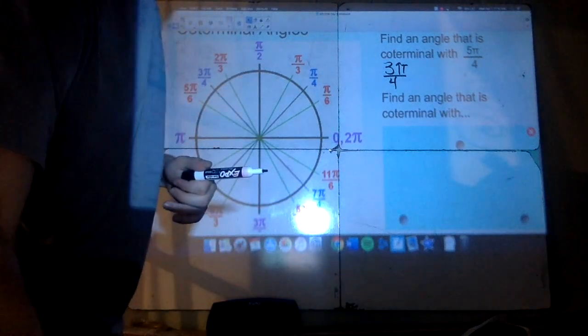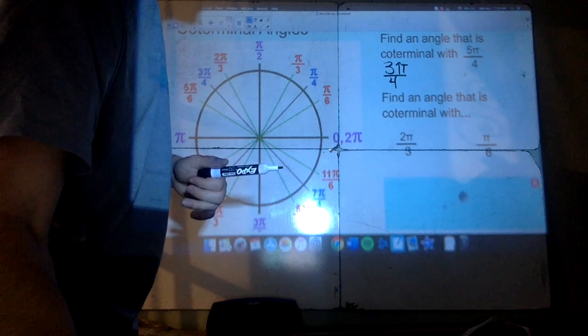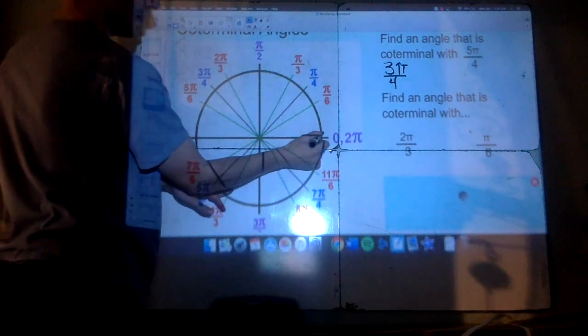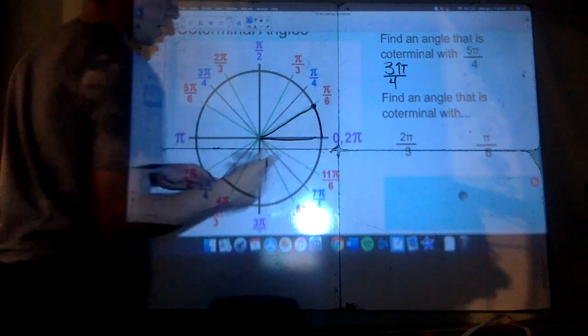Another example: let's do this pi over 6 one over here. What angle is coterminal with pi over 6?